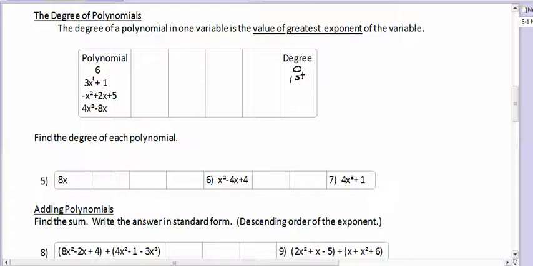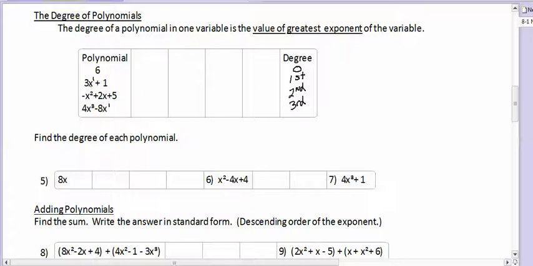Okay, and this x, the largest exponent is 2. So there's 2 x's right there, but the largest exponent is 2. So that equation is going to be a second degree trinomial. And then the bottom one, the largest exponent is a 3. It's a third degree binomial.